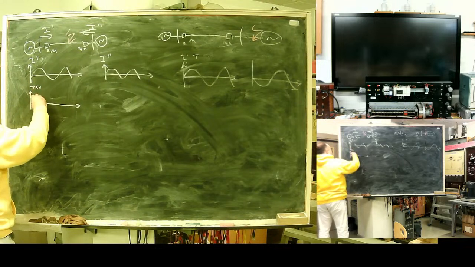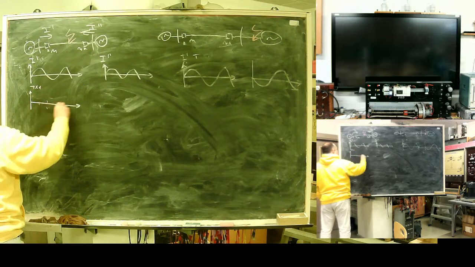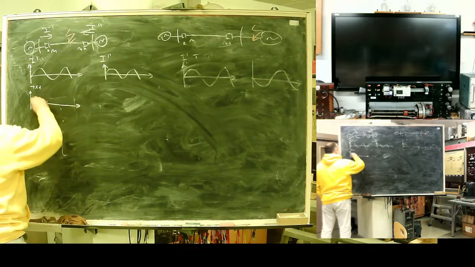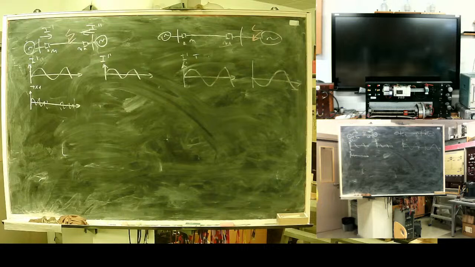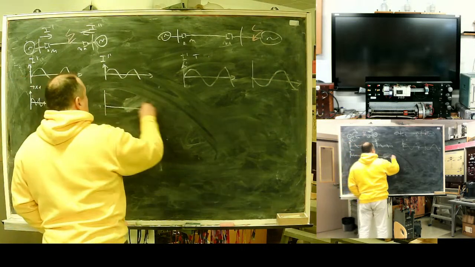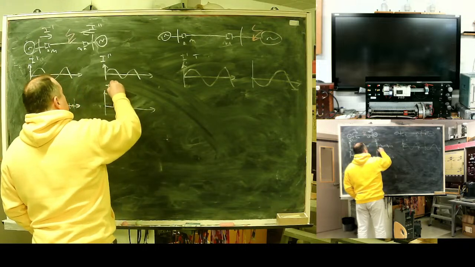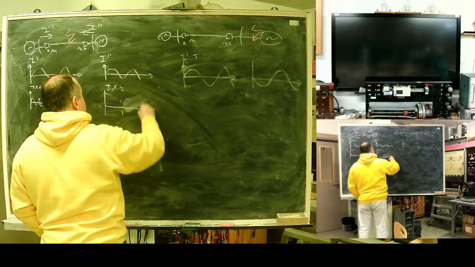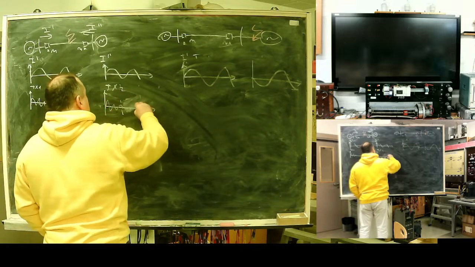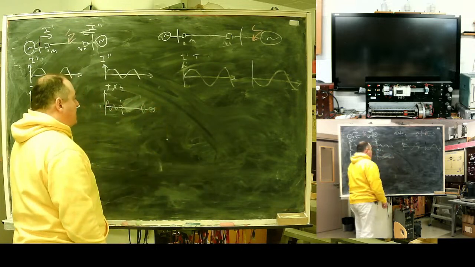Transmitter 1 will send this kind of burst. Transmitter 2 on the opposite side will do the same.